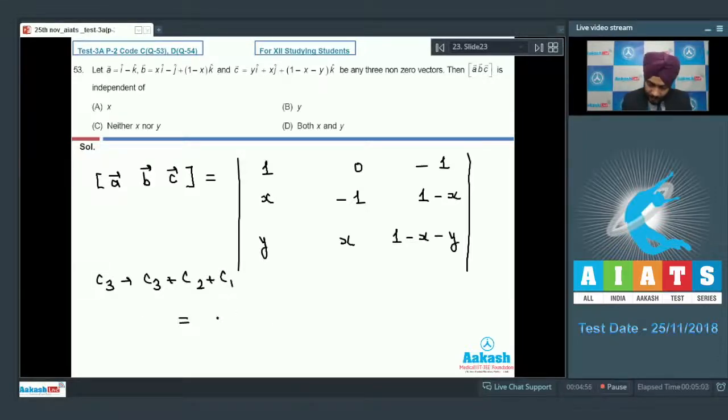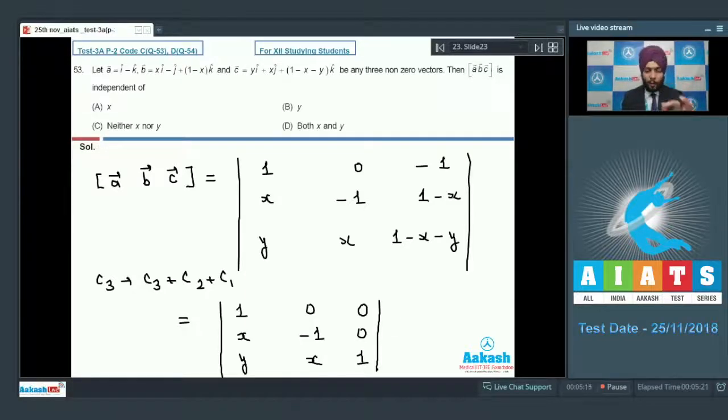So I will have this equal to 1, 0 and then 0. I will again have x minus 1 and then again 0, and then I'll have y, x, and over here I will have 1. So you can either expand along row 1 or you can expand along column 3.